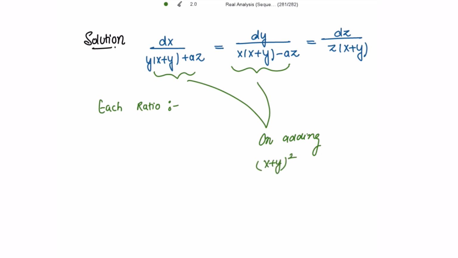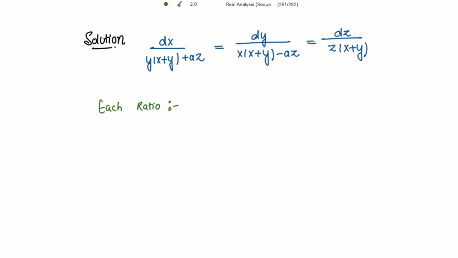And in the third denominator, I'm having z into x plus y. We have to add or subtract or make the ratio so that we can cancel something from this ratio to the other one, which will make our solution easier to get.